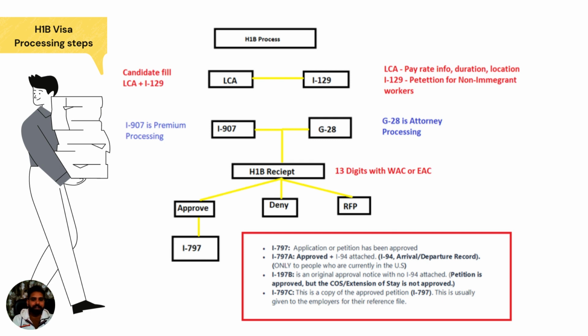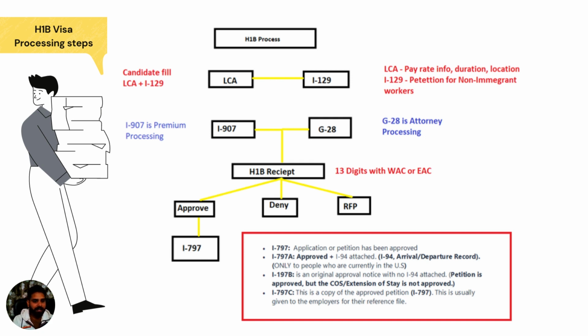Right. So after filing LCA and I-129, you will get the H1B receipt. USCIS provides the H1B receipt saying that your documents have been submitted with payment and fees. This H1B receipt has 13 digits. After getting this receipt, USCIS verifies your documents, and if everything is fine, they will provide an approval notice.